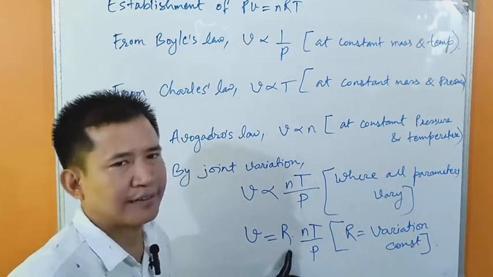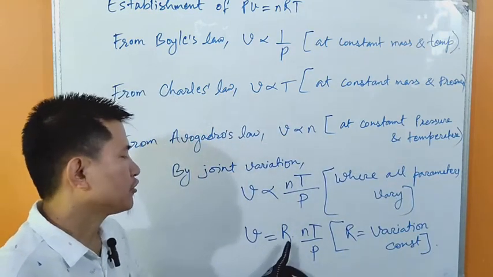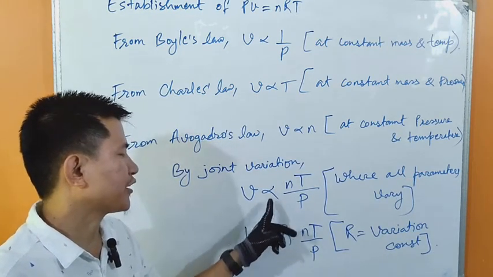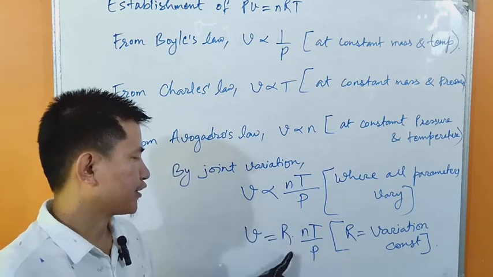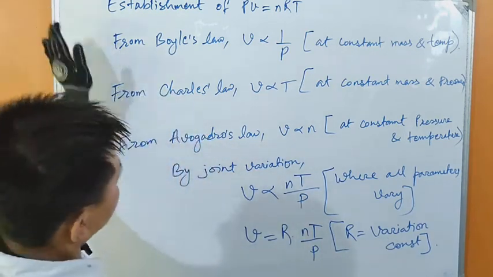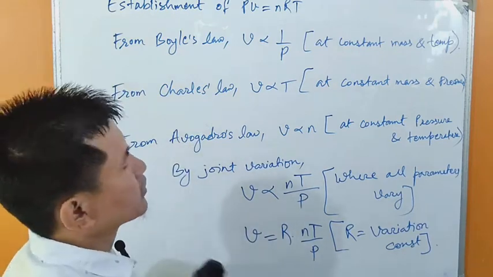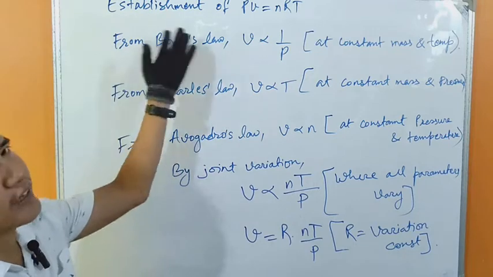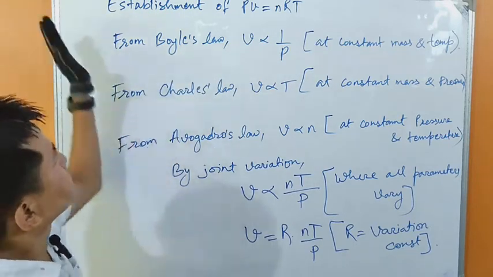We will discuss later on. We replaced this sign of variation with equal to sign and introduced R, where R is a variation constant. Please take the screenshot of this. I'm going to erase the upper part and continue.